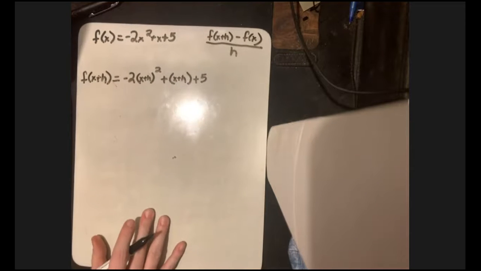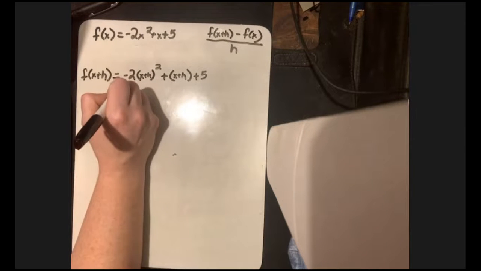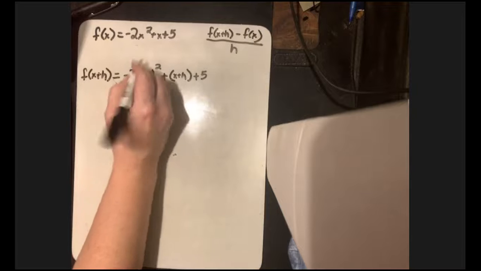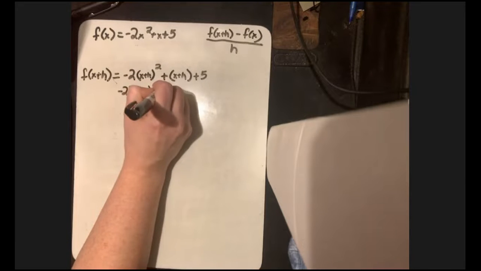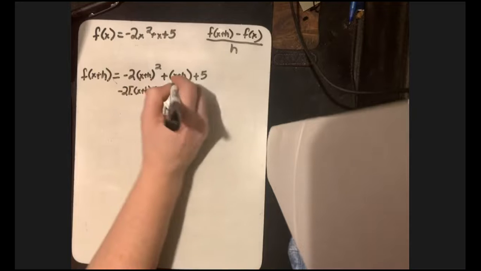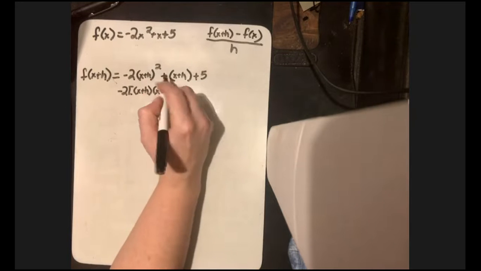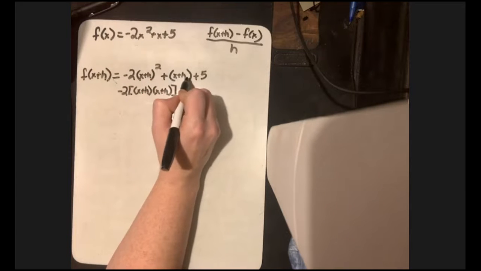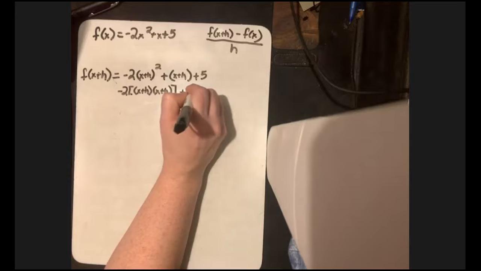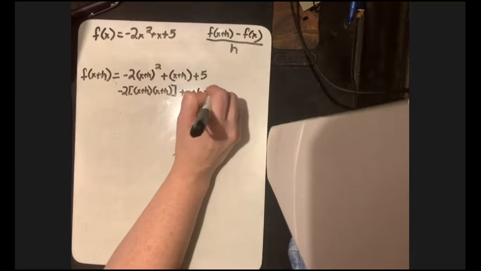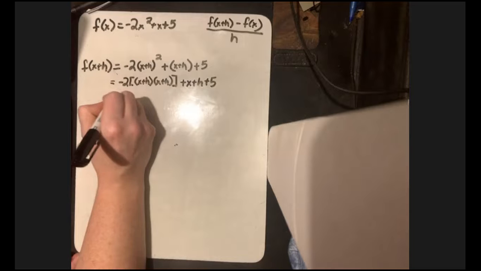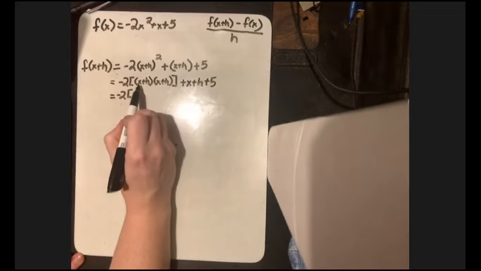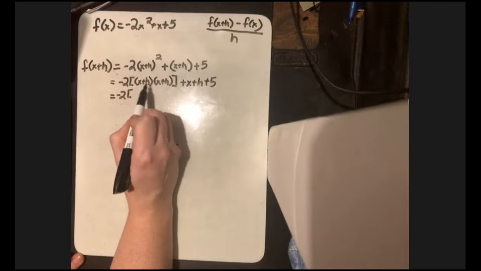Now, working with this, I've got -2, and I'm going to use a set of brackets here to do x plus h squared, and then this plus is not going to change any of the signs in here, so I'm going to have plus x plus h, and then I've still got this plus 5, okay? So now, -2, and I'm going to FOIL or distribute this.